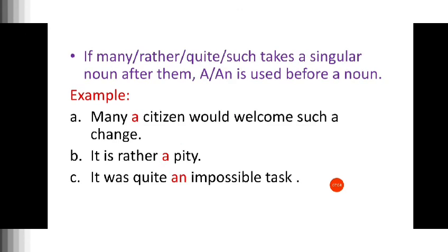Okay, now last but not the least, there is another rule which comes and says, if many, rather, quite, such takes a singular noun after them, a or an is used before a noun. Okay, now I'm talking about these words.